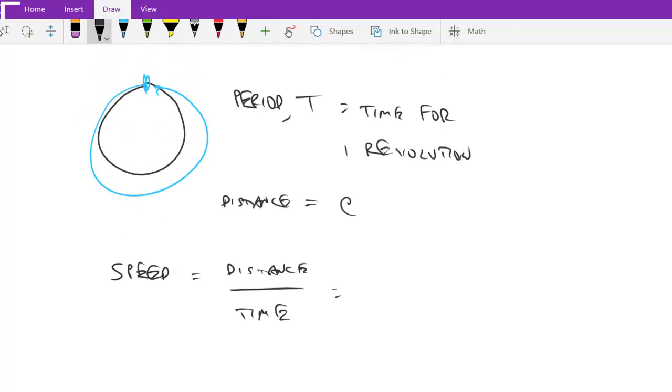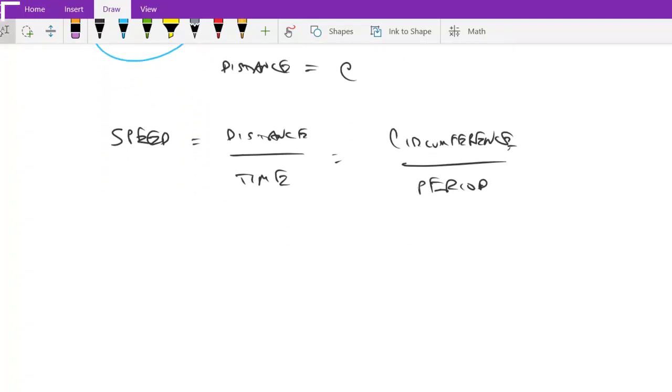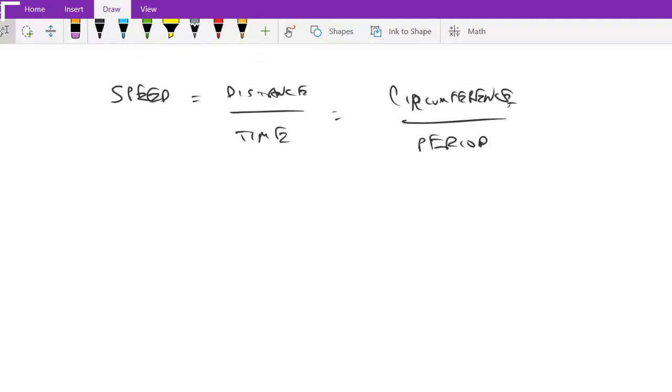This is going to be equal to the circumference, divided by the period, since both of these are for one revolution. Circumference is the distance in one revolution, period is the time in one revolution. And so then breaking this down, we can see that our speed is 2 pi r over T.